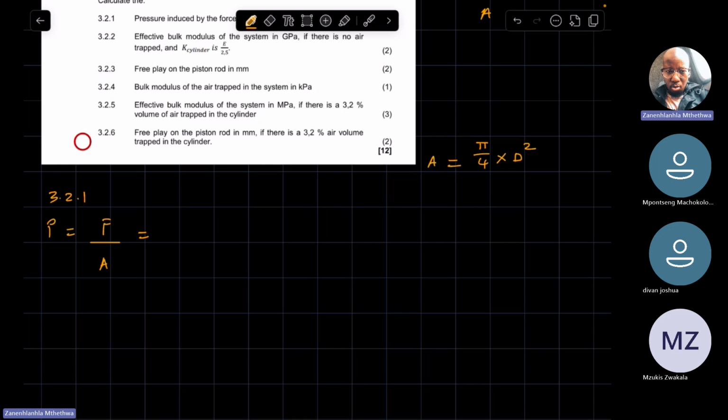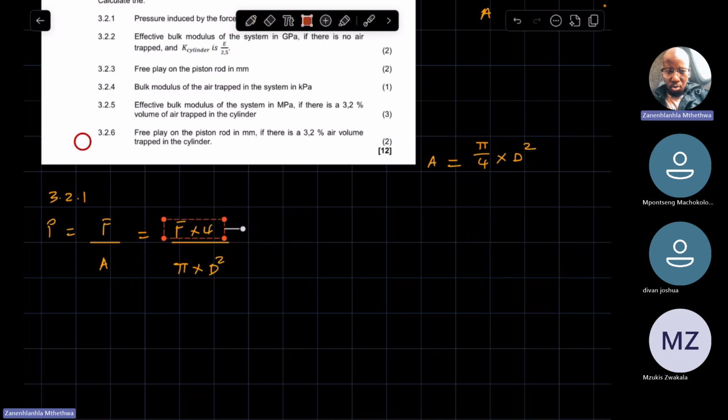All right. So here we can manipulate this as force divided by the area, which is pi over 4. But instead of writing pi over 4 here, you can have pi times d squared and then multiplied by 4 on the numerator.